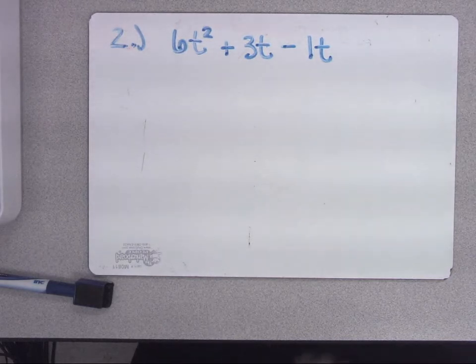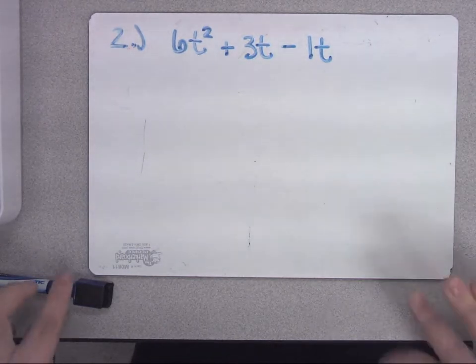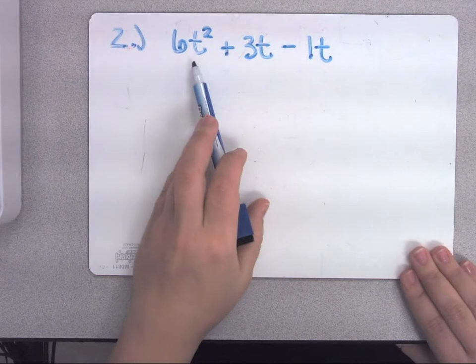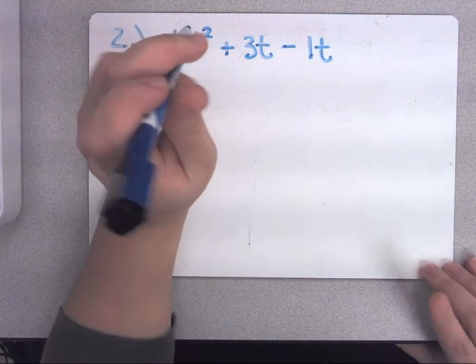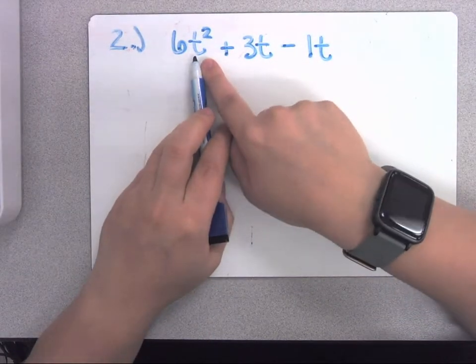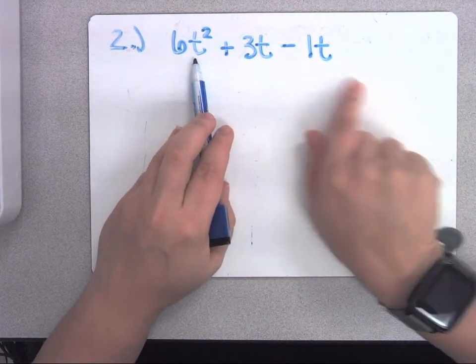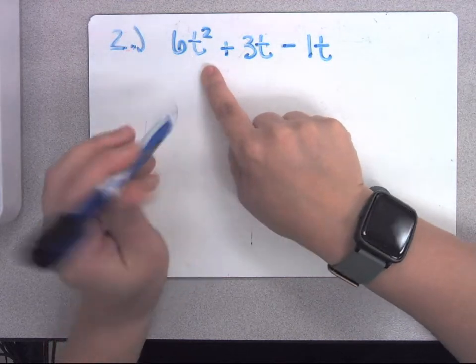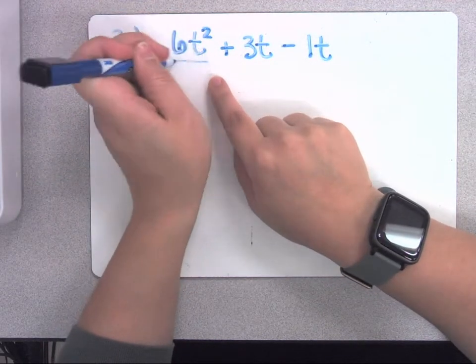Okay. Look at them. They all have t's, right? But like terms means you have to have the same amount of t's. So look here. This has t squared. Does anything else here have a t squared? No. So he's all alone, right? We can't do anything with him.